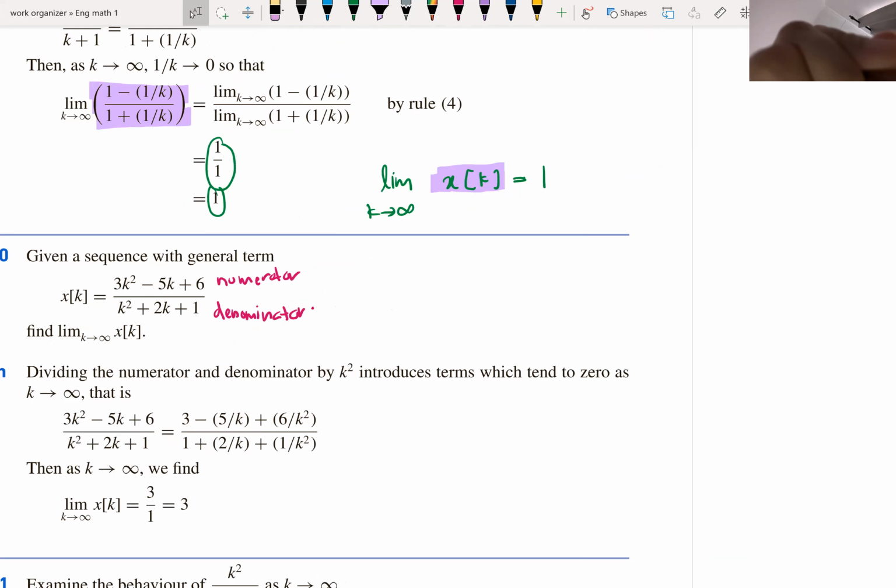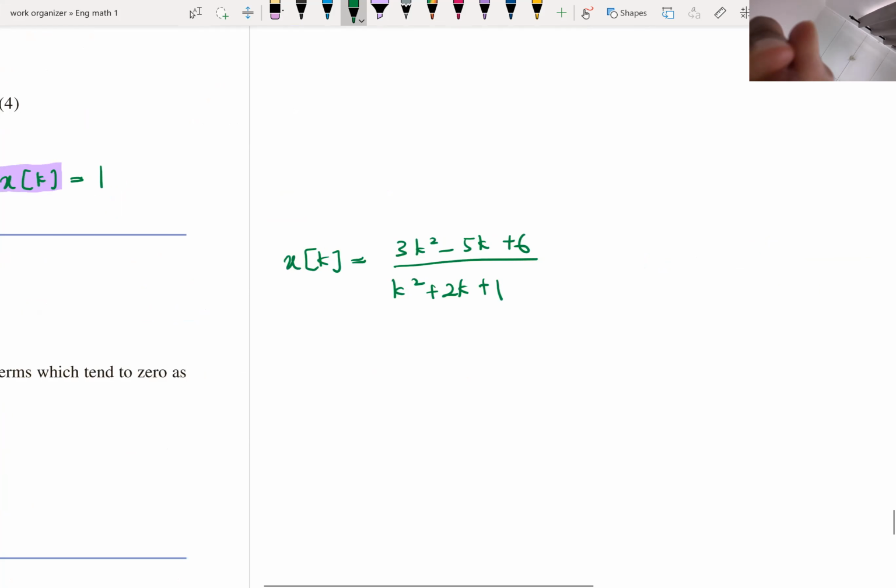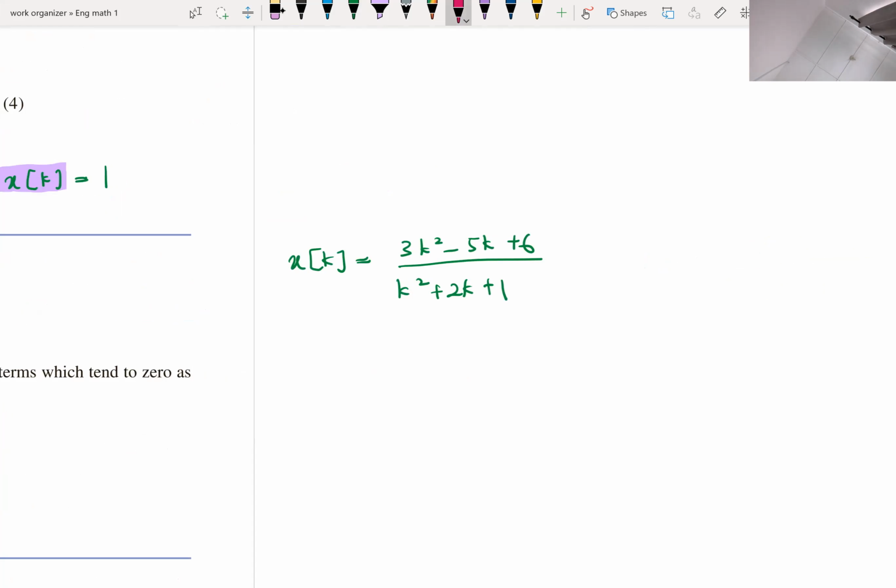The function is s of k equals 3k squared minus 5k plus 6 over k squared plus 2k plus 1. Again, this is the numerator and this is the denominator.